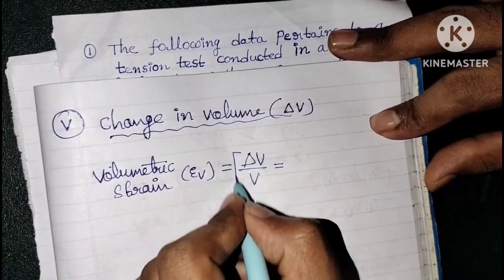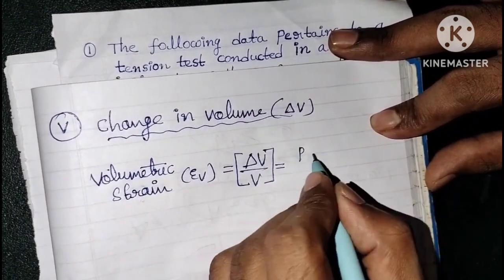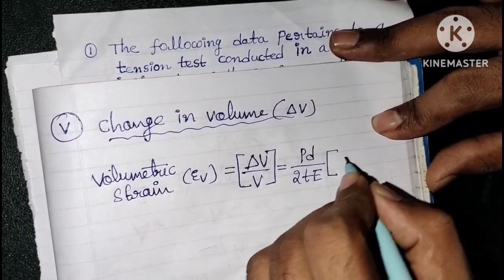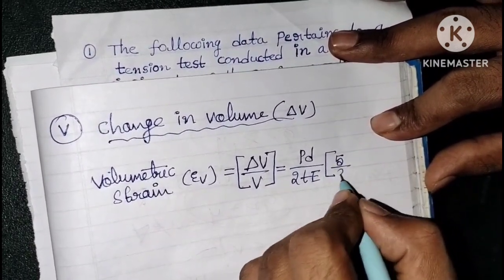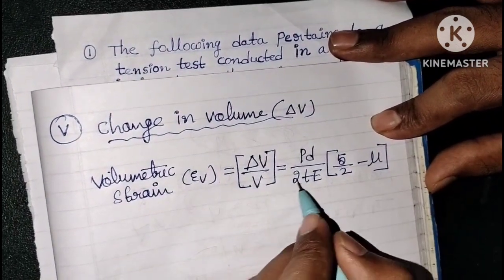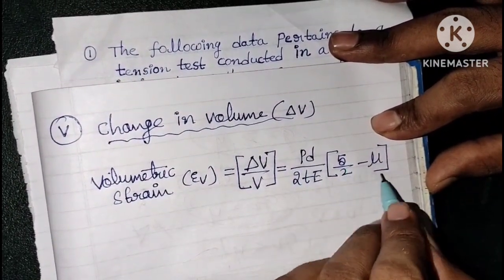So formula for volumetric strain is equal to PD by 2T into 5 by 2 minus mu.